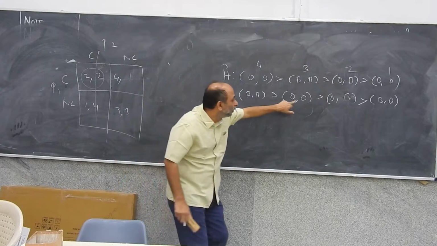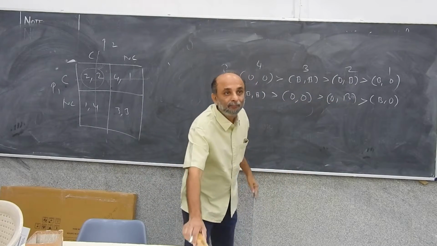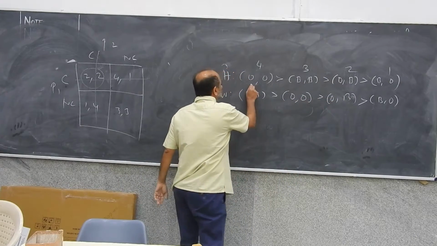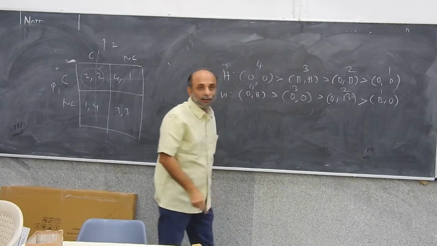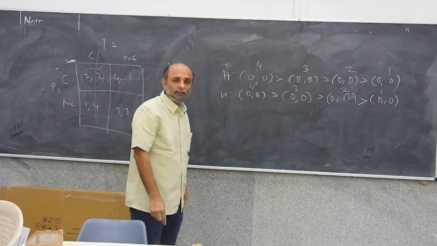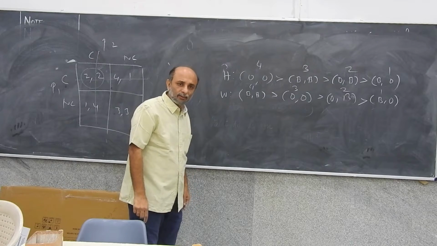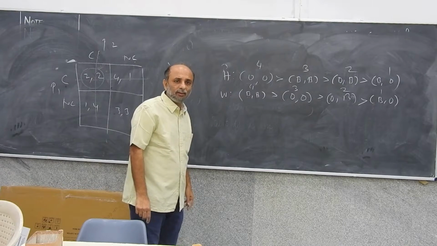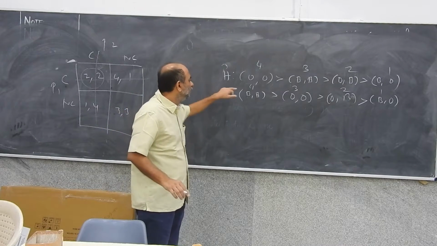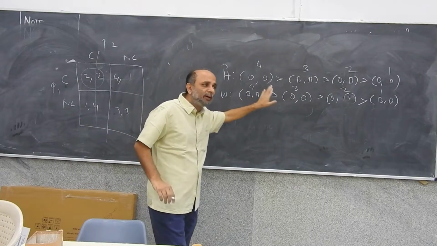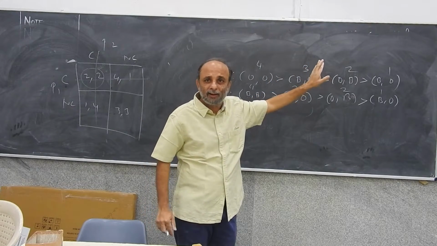The second best is opera. 4, 3, 2, 1. And whatever I do, the first coordinate gives you what the husband does. The second coordinate gives you what the wife does.